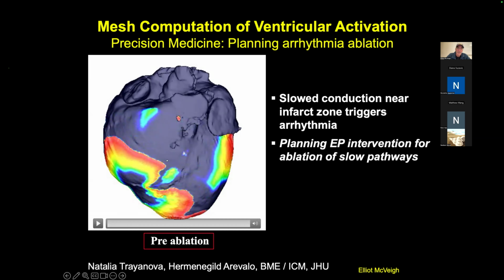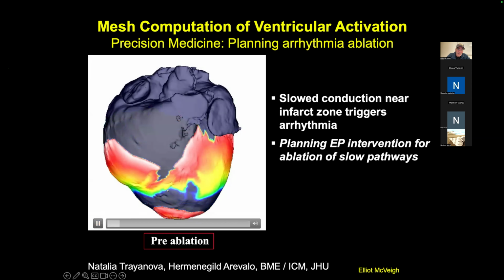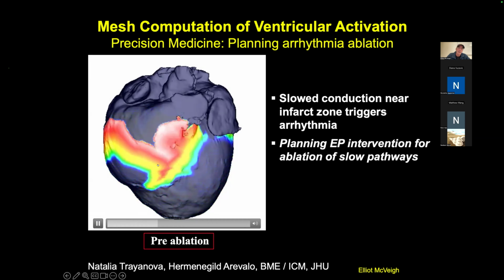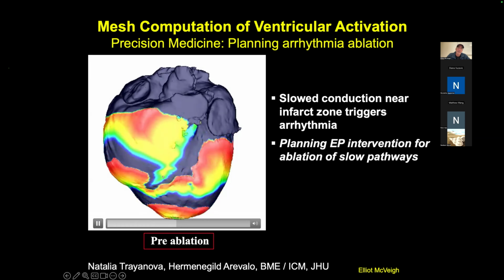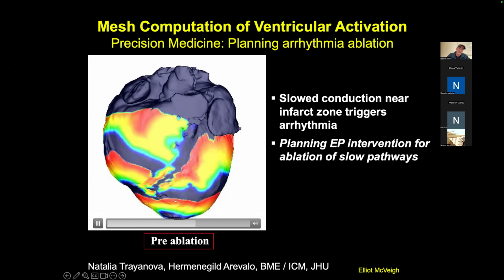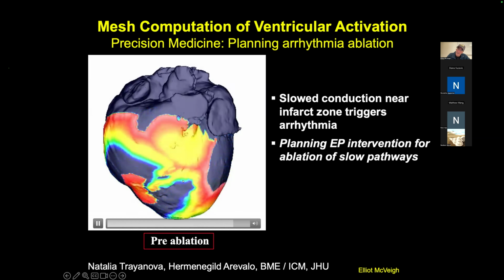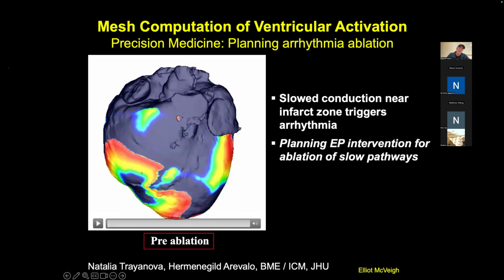What happens is that as you can see, the activation slows down as it goes through the infarct, right? And so it gets farther and farther behind. And then at a certain pacing rate, it will catch. As it emerges from the infarct, it catches on itself and gets into a stable ventricular rhythm.